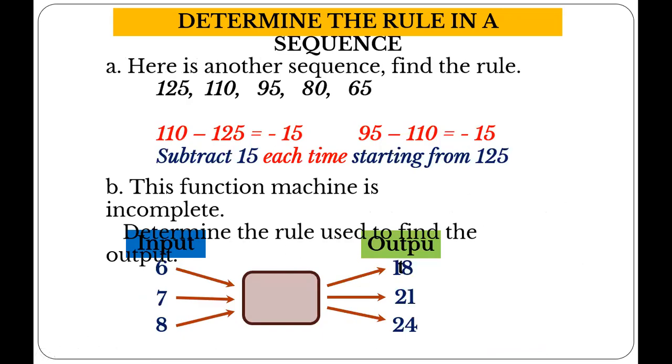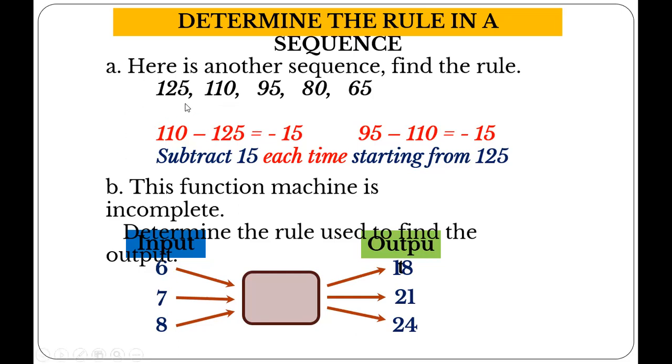Here is another sequence, find the rule. We have 125, 110, 95, 80, 65. So what did I tell you? You're going to subtract 125 and 110. So 110 minus 125 is minus 15.